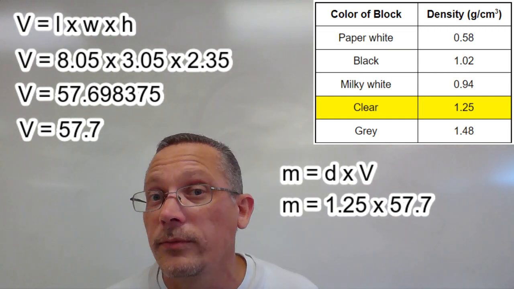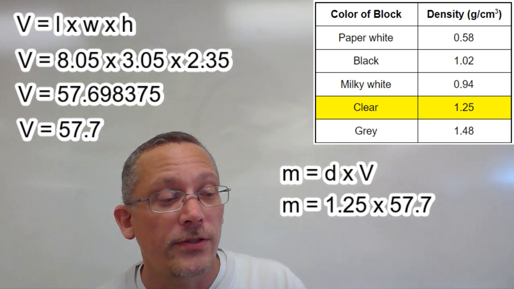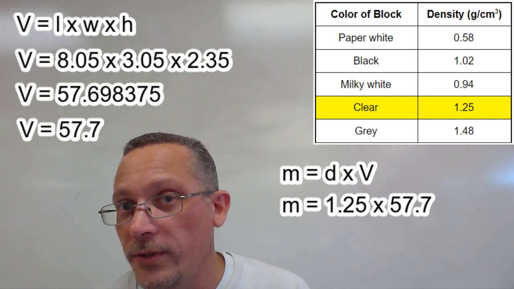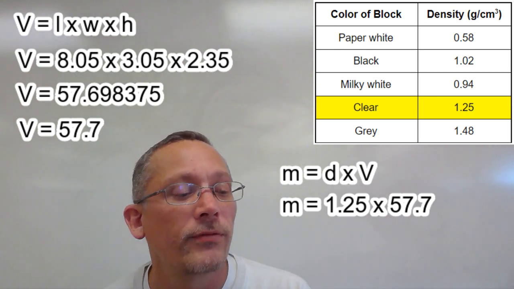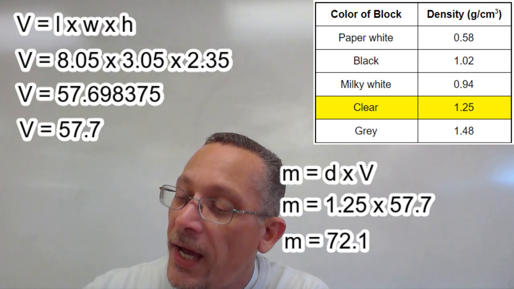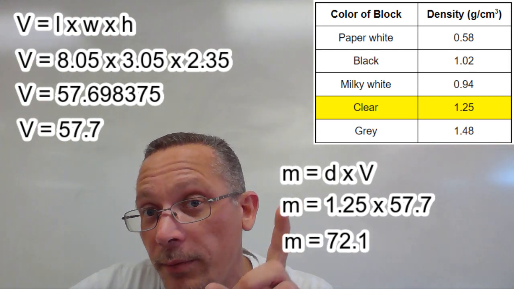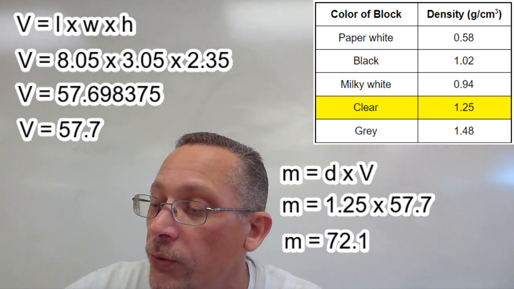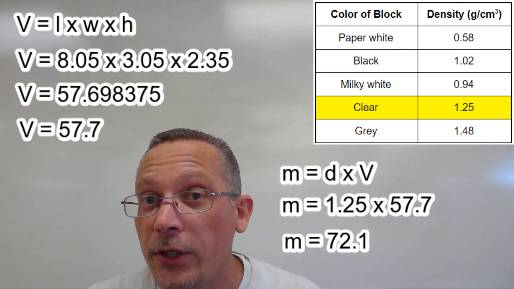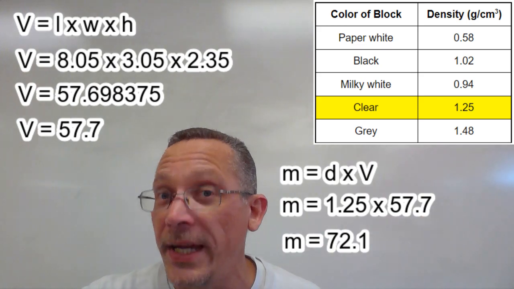So my answer should have 3 significant figures. 72.125 has more than 3 significant figures. So we need to round this off to 72.1. So I am predicting that the mass of my block is 72.1 grams. Now we're going to go put it on a scale and see if we were right.